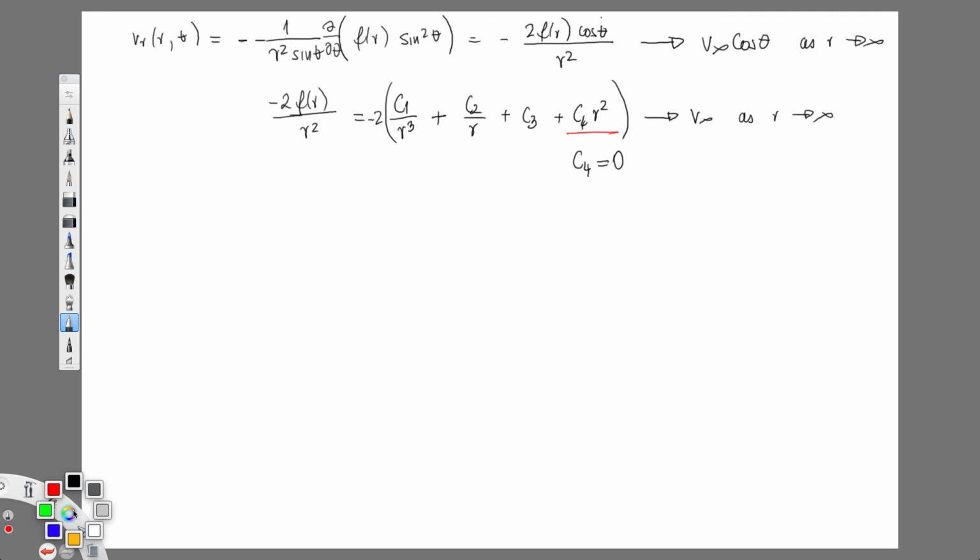So basically the second part is minus 2 c3 should be equal to v infinity. So c3 is minus v infinity over 2.